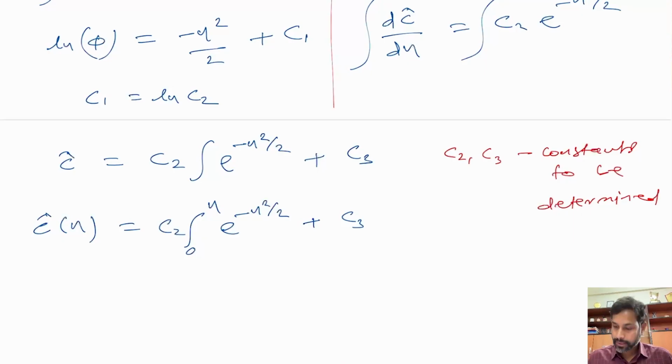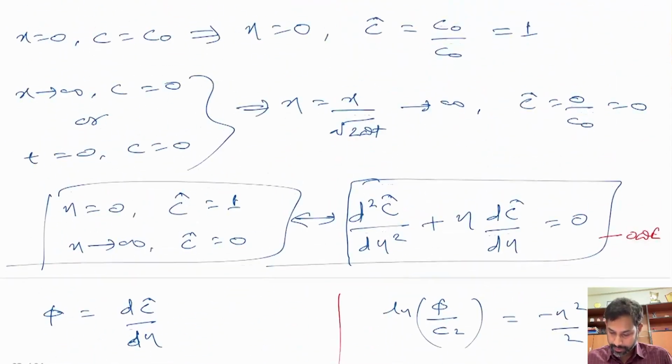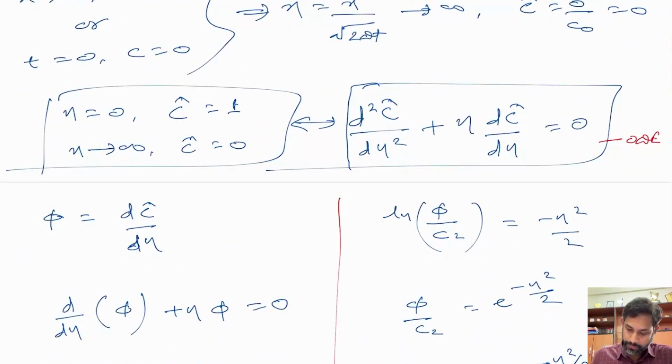To find constants C2 and C3, we must use the boundary conditions we have defined for C hat on eta. These are the two values we have. When eta is equal to 0, C hat is 1, and when eta tends to infinity, C hat is equal to 0.